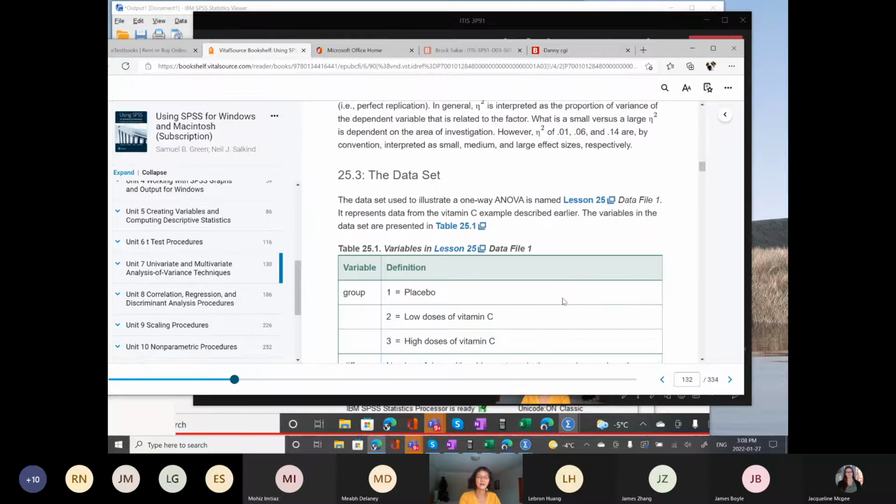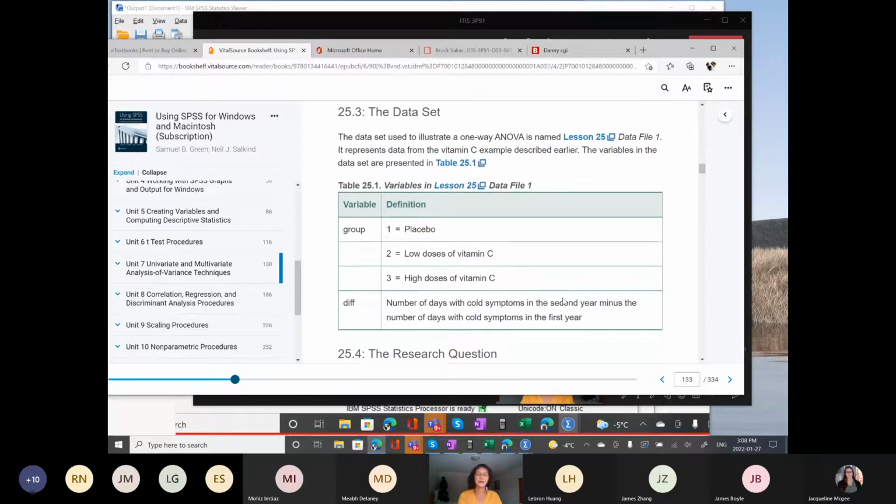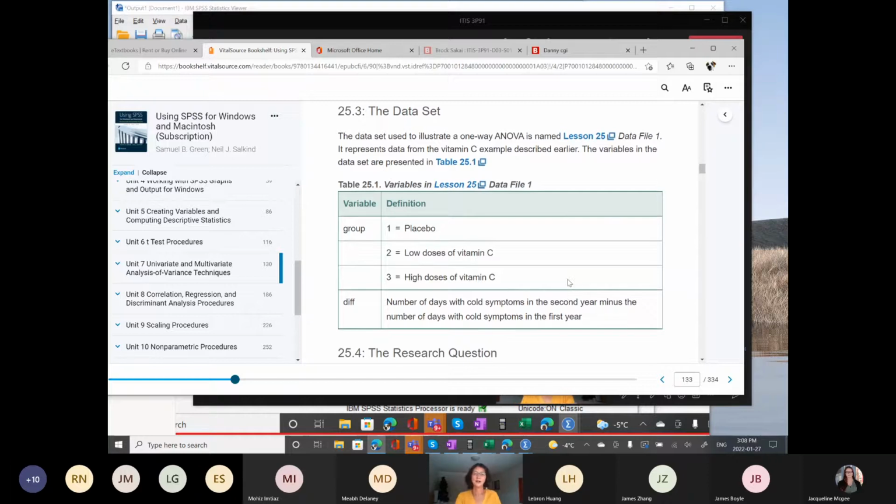All right, so the data file we are going to use is lesson 25. There are 3 groups of people. Group 1 are given placebo.